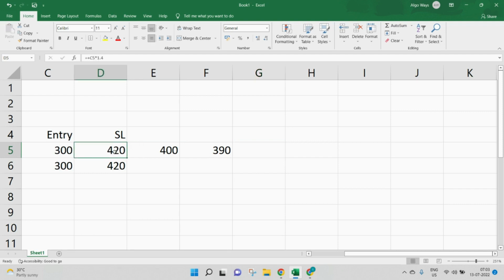Once this premium comes down by say 20%, so 20% of it, this will be into 0.8. So we'll say that if our premium comes to 336 again, entry was 300, stop loss hit at 420, and then again the market is coming down and the premium comes to 336, we do the re-entry again.